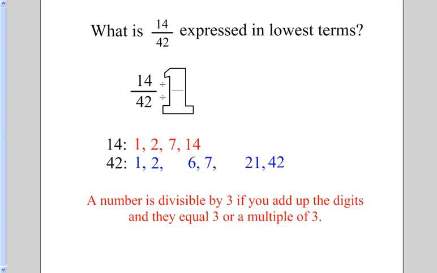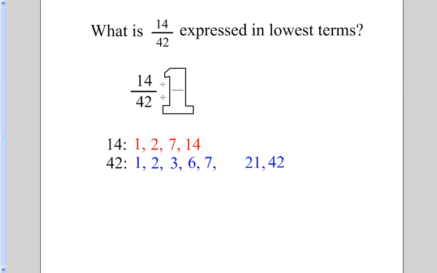We can also think about the divisibility rule related to 3, which is a number is divisible by 3 if you add up the digits and they equal 3 or a multiple of 3. 42, if you add up those digits, 4 plus 2 is 6. And 6 is a multiple of 3. So we can take 3 and divide it into 42.